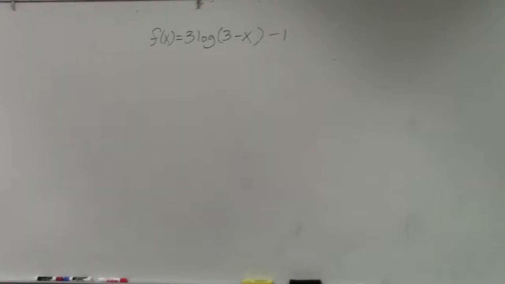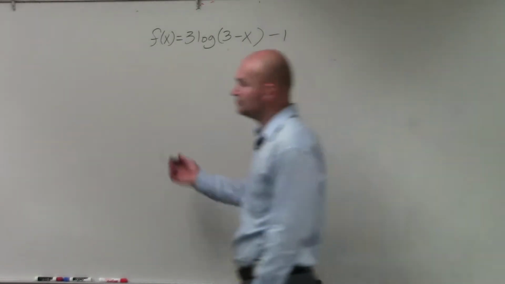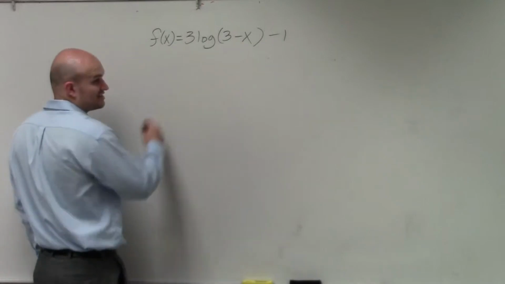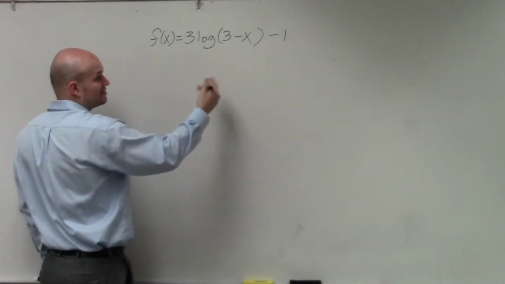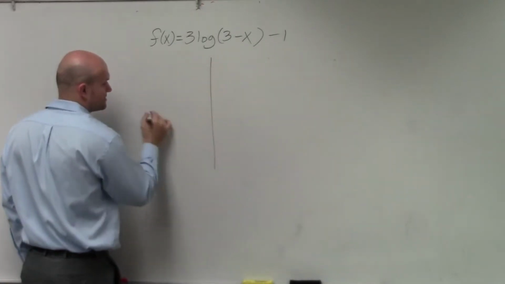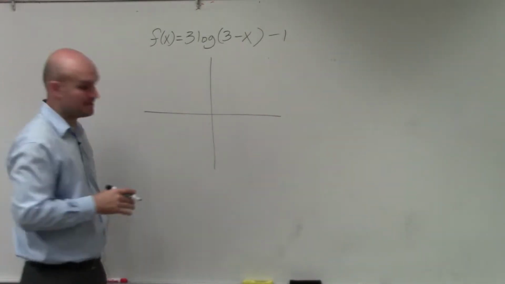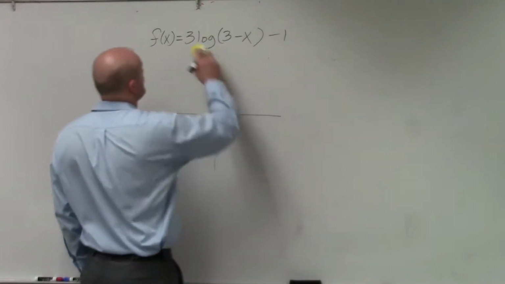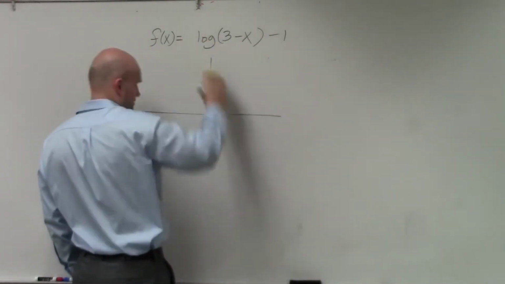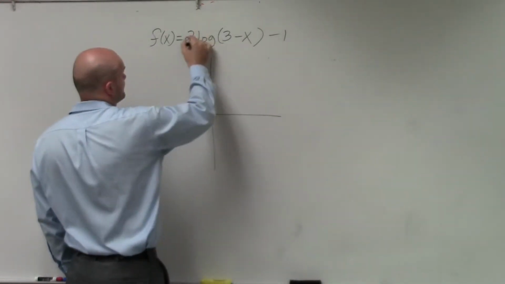All right, so in this example, they want us to graph. What I asked you guys to do, just like your exponential homework, was to sketch the graph of the original and then the transformation, and to provide me a point. It's 2 log? OK.